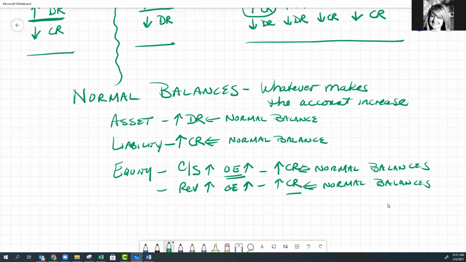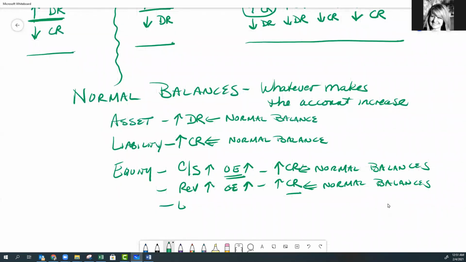If we are talking about an expense account, if our expenses go up, our owner's equity goes down. How do we make owner's equity go down? We make owner's equity go down with a debit. So expenses go up with a debit. That's its normal balance.